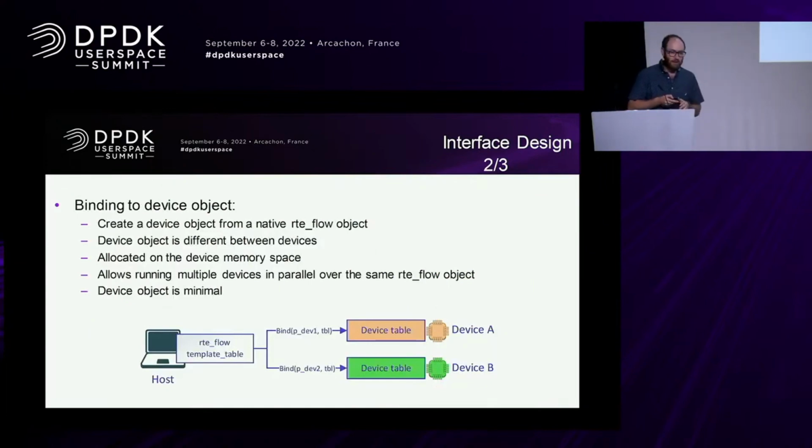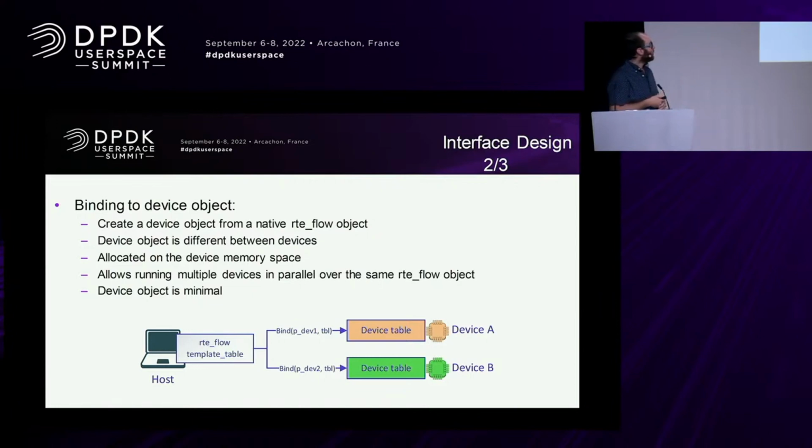Another key thing that we had with allowing two devices to work in parallel is the bind and unbind logic. So what is bind and unbind? You create a native device object in your application, an RT flow template table. Now you want to access this table from two different devices.